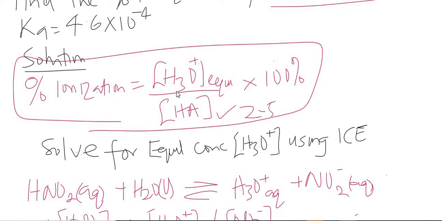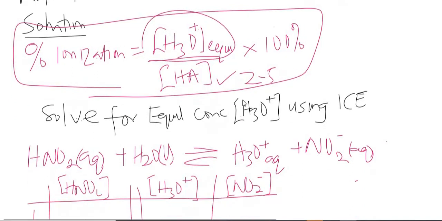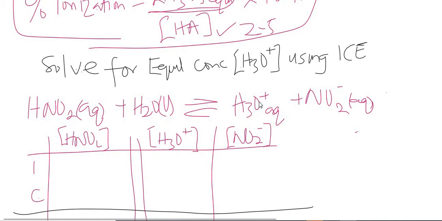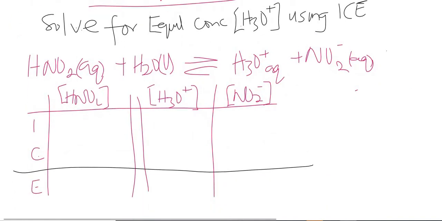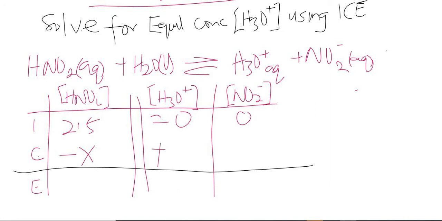What we need to do is find the equilibrium concentration of hydrogen ion, so we solve for that using our ICE table. Our initial concentration is 2.5, and we have 0, negative x, positive x, and positive x.